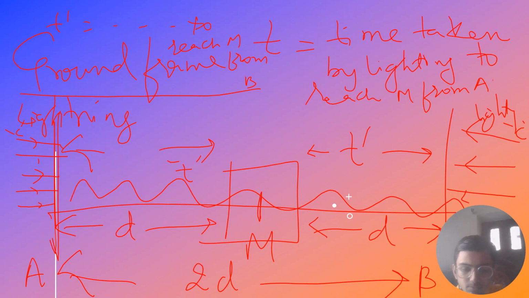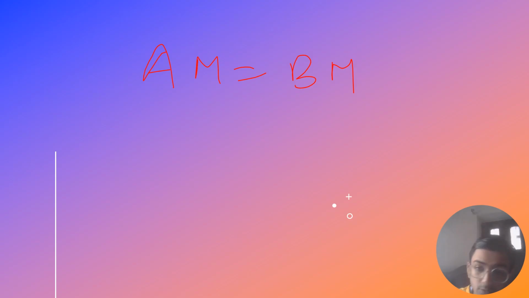Since M is at the midpoint, these distances are the same, so we can write AM is equal to BM. AM is the distance, and distance is speed into time. The speed of light is c, and the time taken here is t, and here it is t dash.